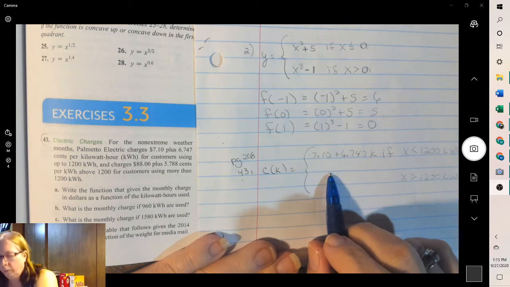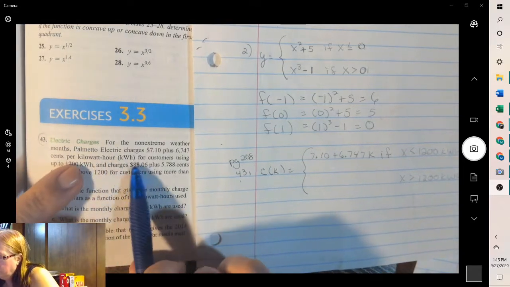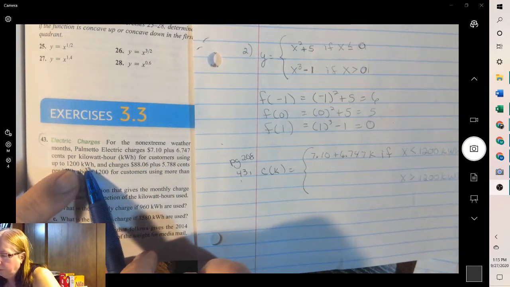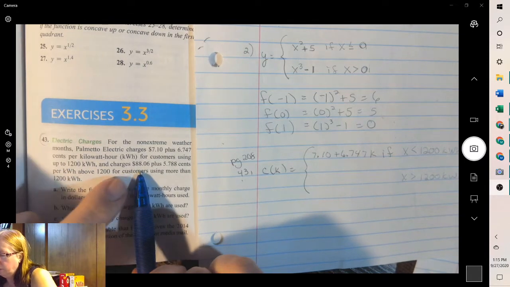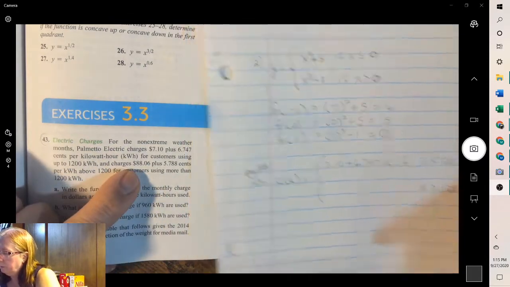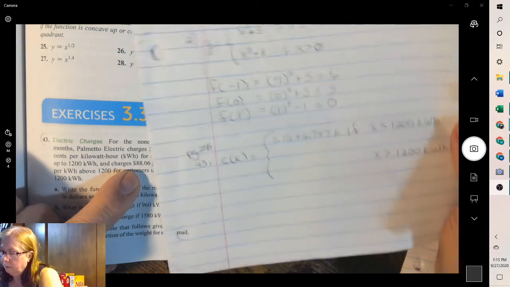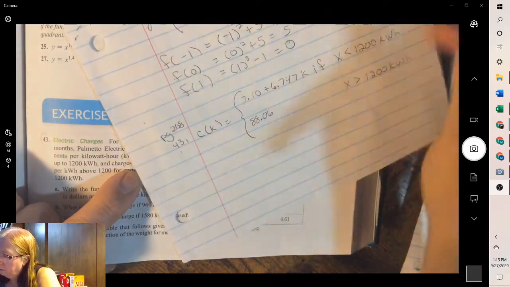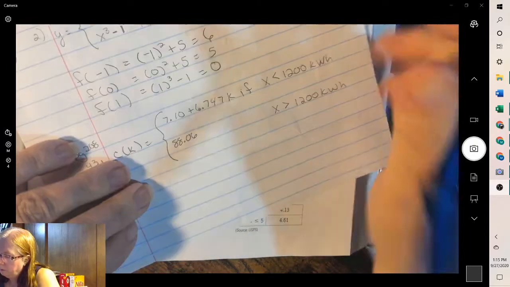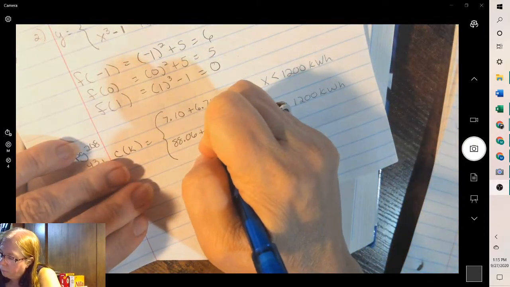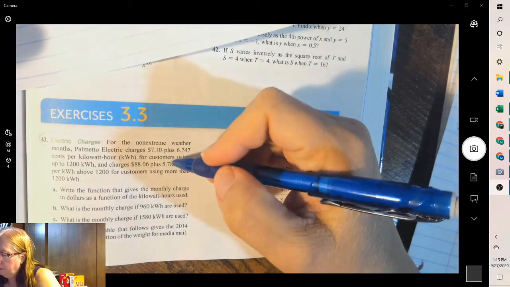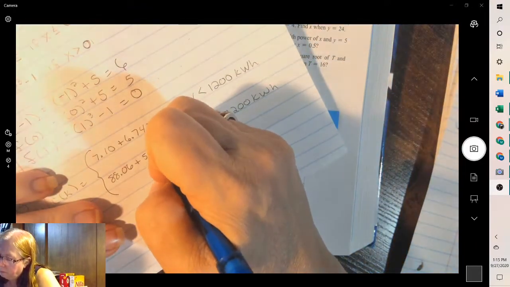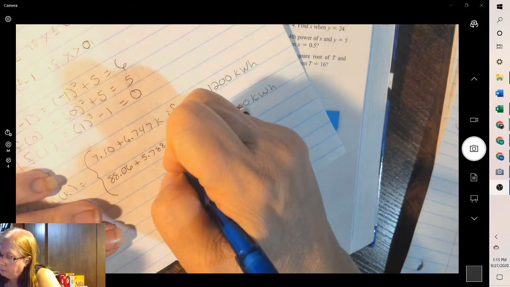Now for the other group, someone's using more than 1,200 kilowatt hours and charges 88.06 plus 5.788. Oh, this is in cents.